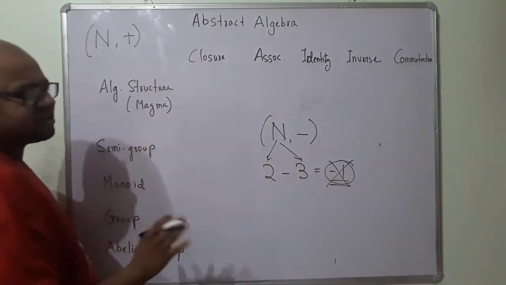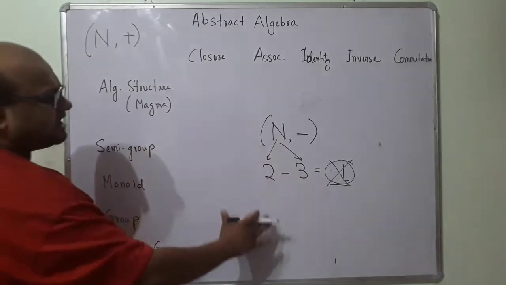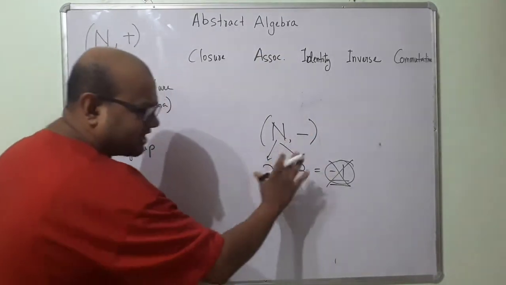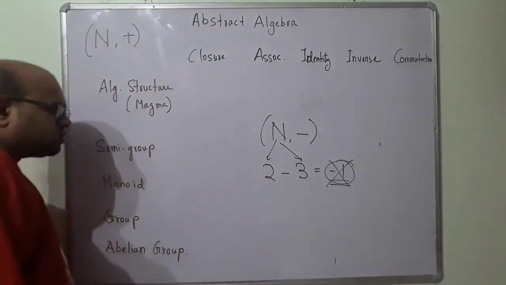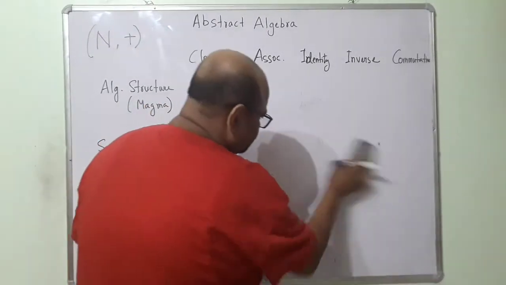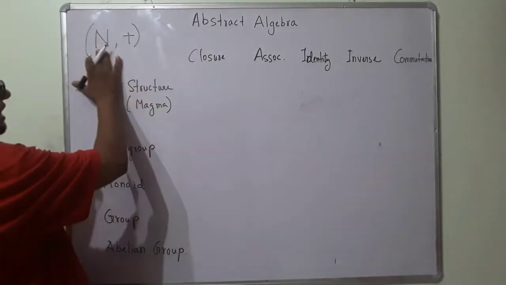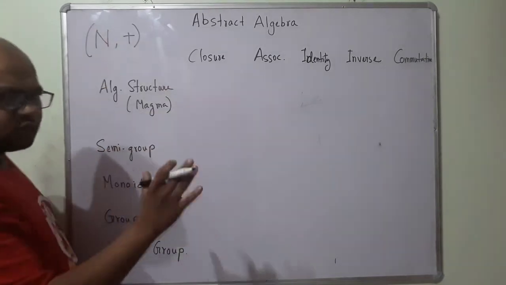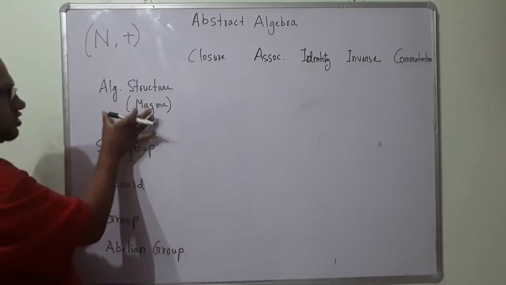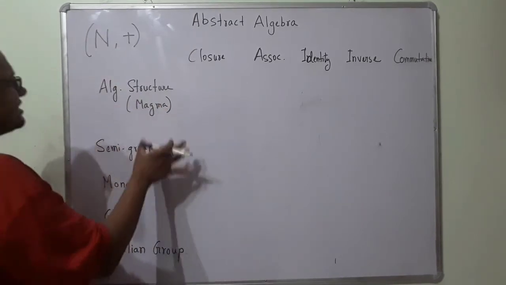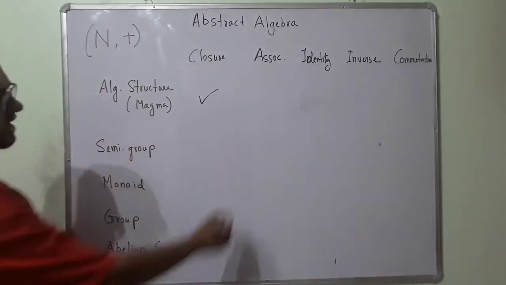So the set of natural numbers under subtraction is not closed. So here is the thing. To be an algebraic structure, a set and an operation, we will of course talk about this ordered pair, this set under this operation has to be closed, and none of the other properties matter.